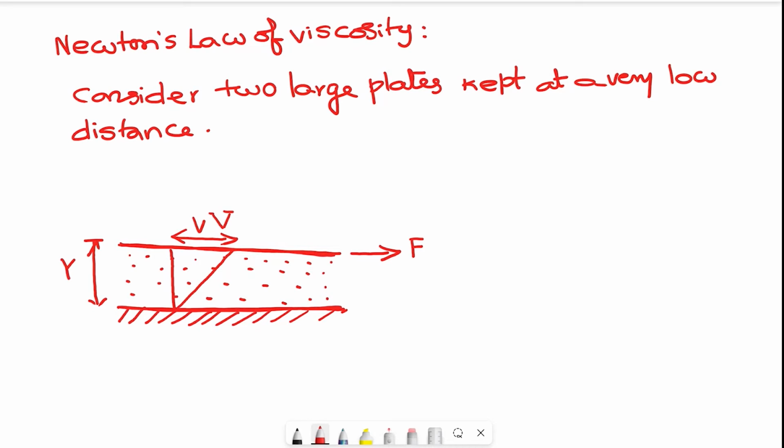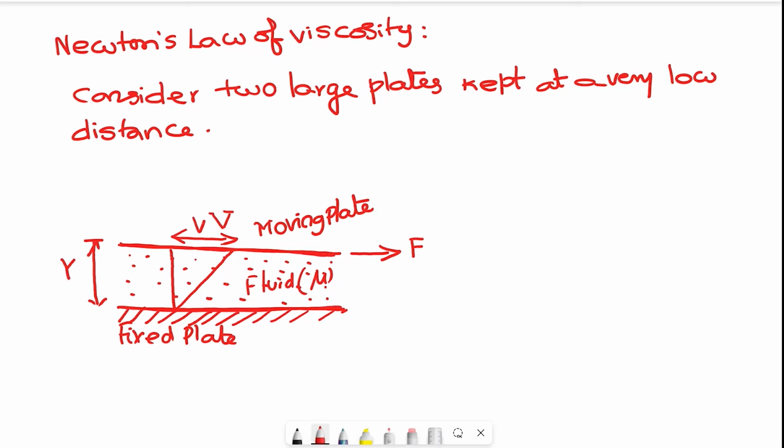Here the velocity is 0, and the velocity changes from 0 to v here. The top plate is the moving plate, and the bottom plate is the fixed plate, and the space is filled with fluid of viscosity mu.